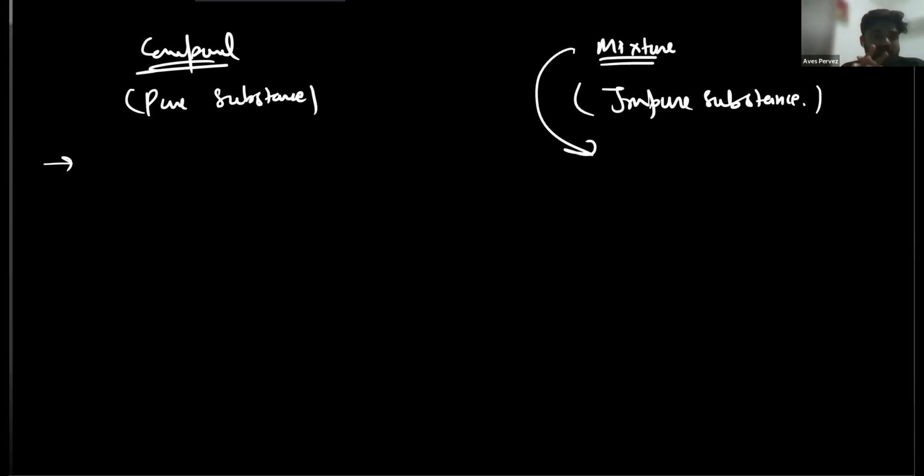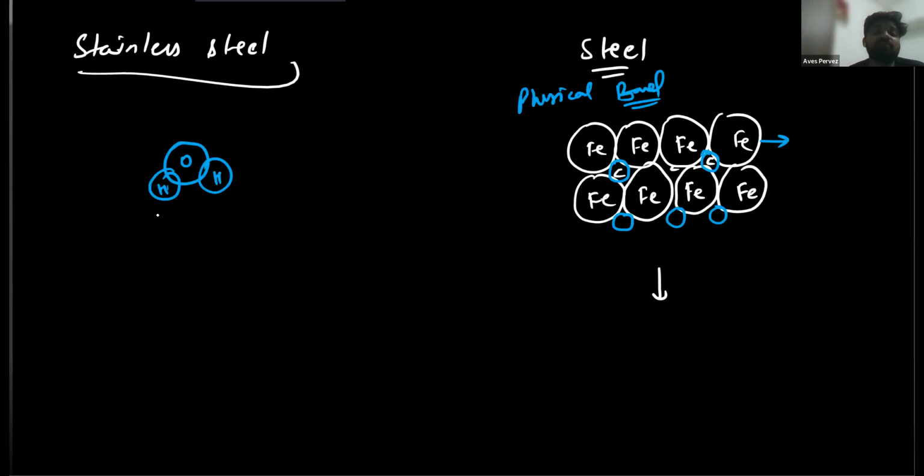Compounds have a fixed formula, but mixtures don't have a formula. Because a mixture is a physical bond, there is just empty space and the particles come into that empty space. So mixtures are impure substances, made up of two or more different particles, but water is made up of two different atoms, not particles. It is considered to be one particle.